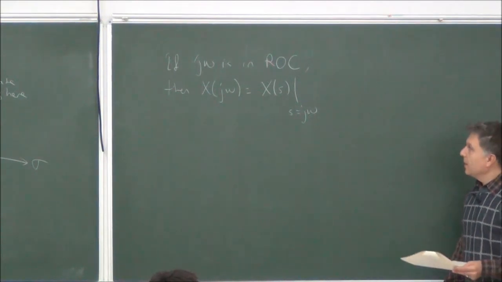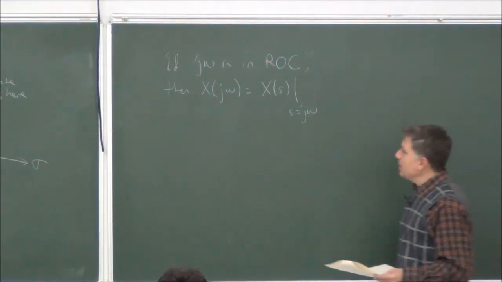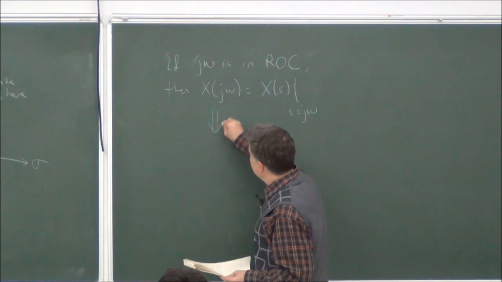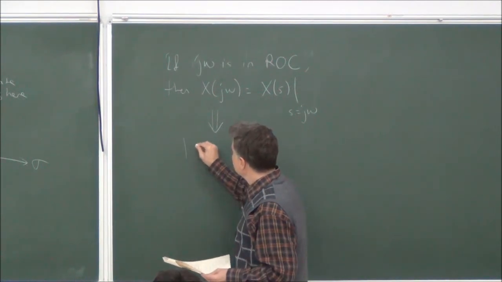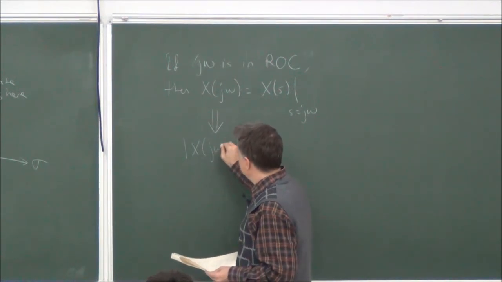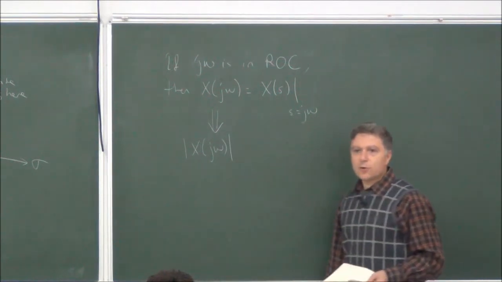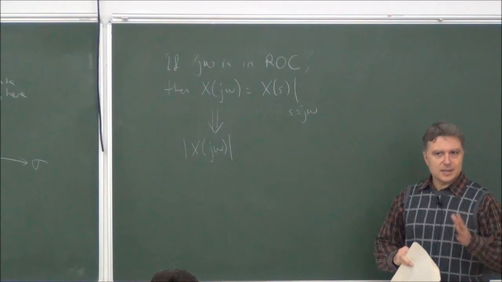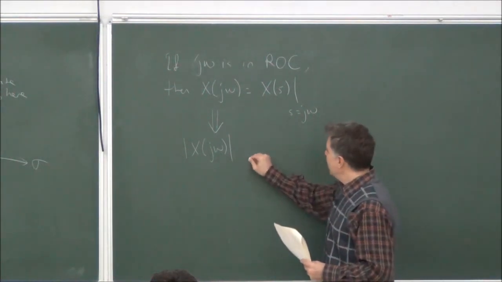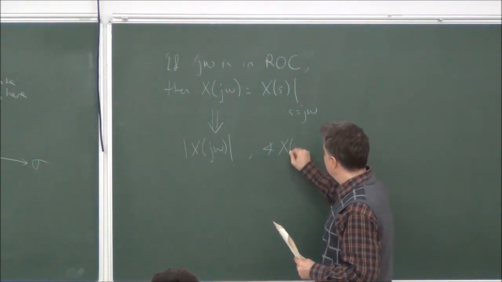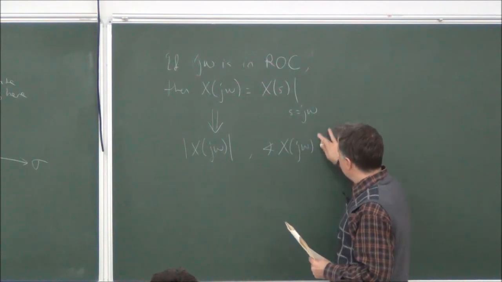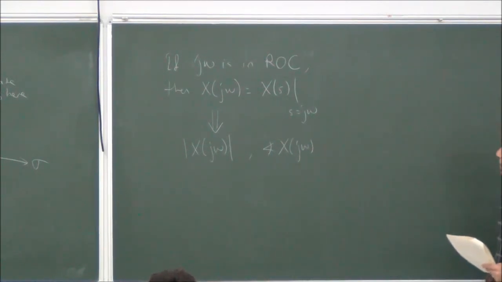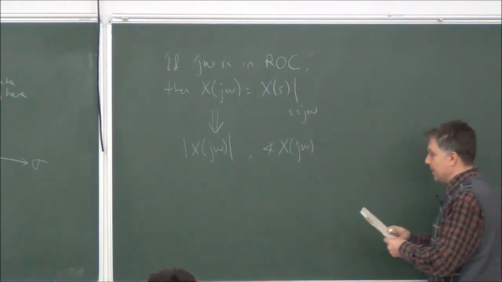We know this. Now this knowledge will give us strong information about how to determine the magnitude of X of j omega, of course, only if j omega is inside the region of convergence, and the angle of X of j omega. How can we discover these things?